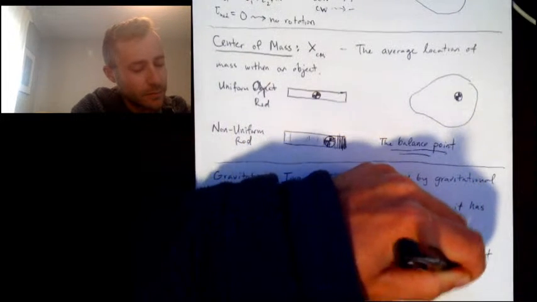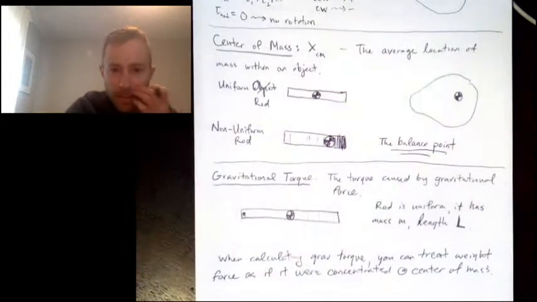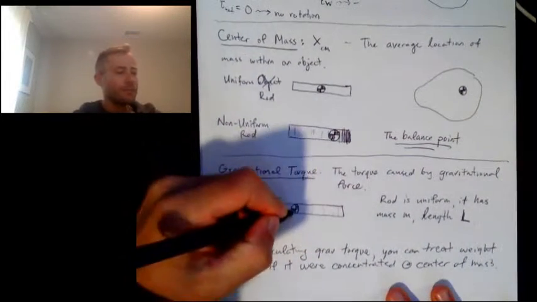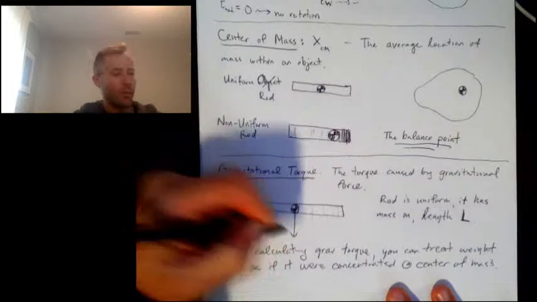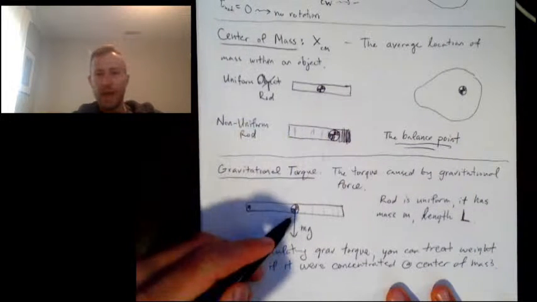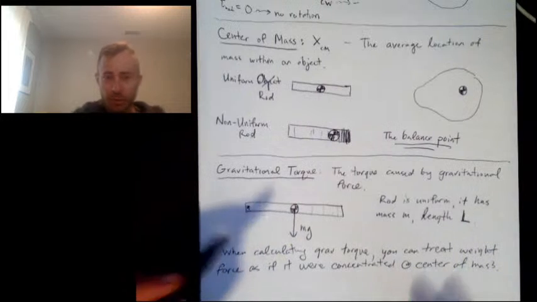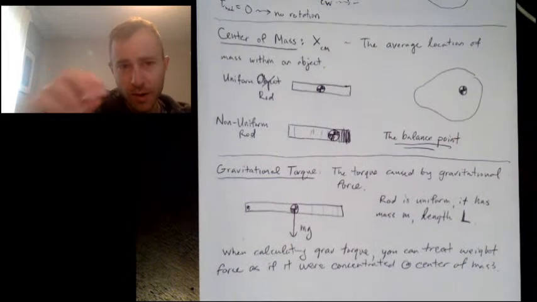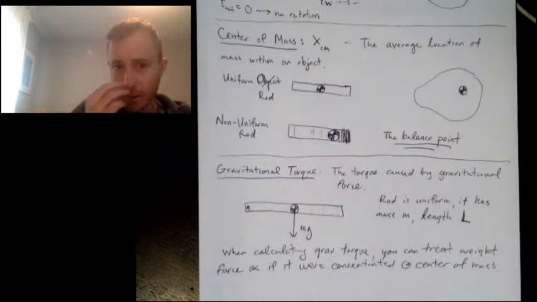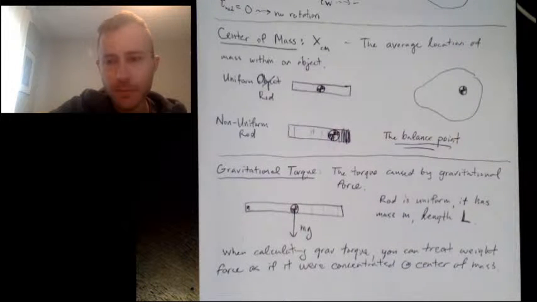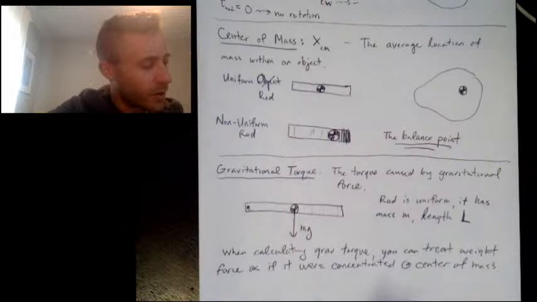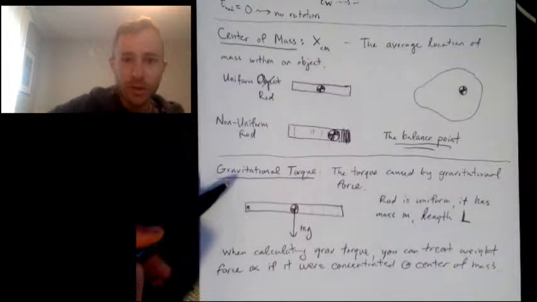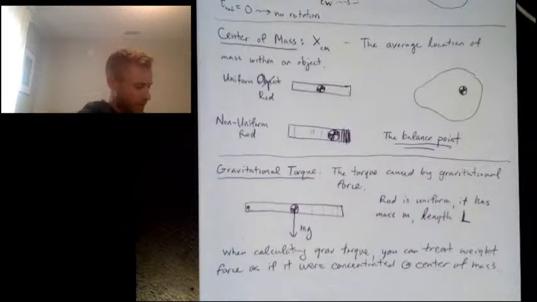So I can treat it as if all of the weight force mg were just acting right at that location. So basically, remember how when you're calculating torque, where the force is applied matters. And so when you're calculating the gravitational torque, which is the torque due to the weight force, hang on one second.